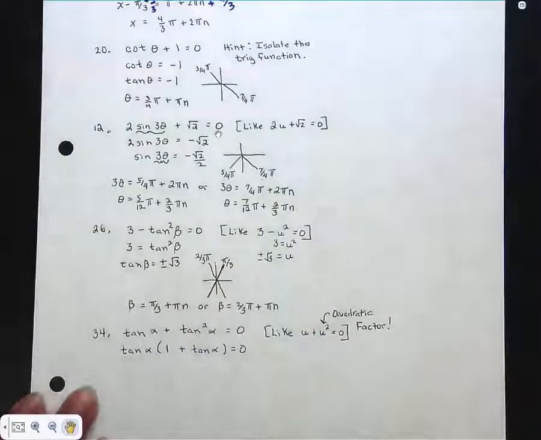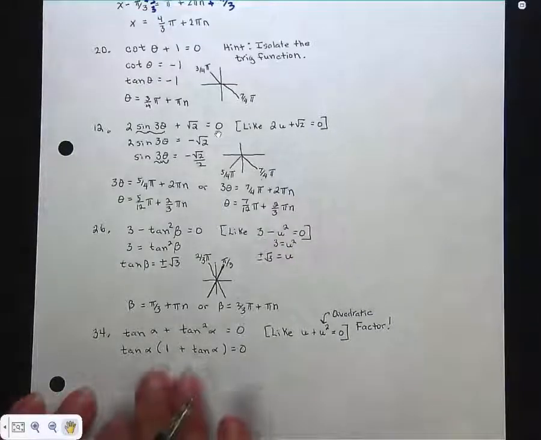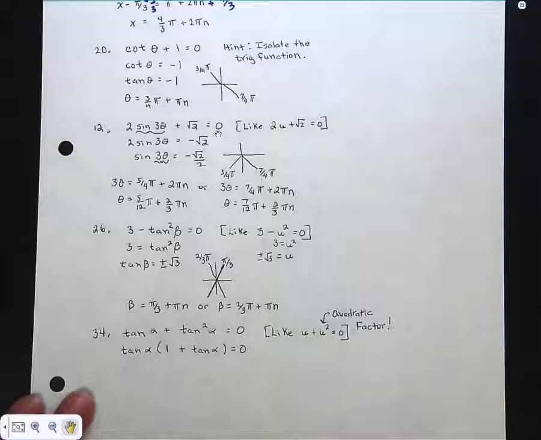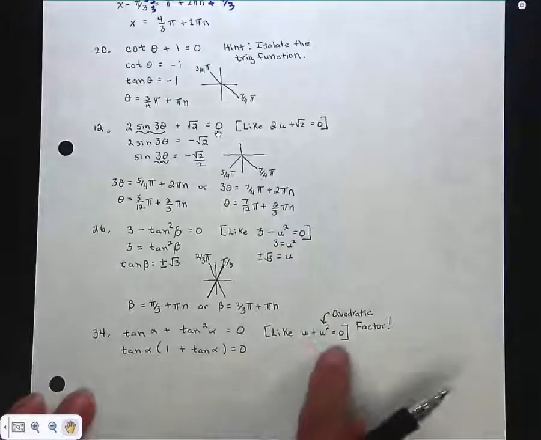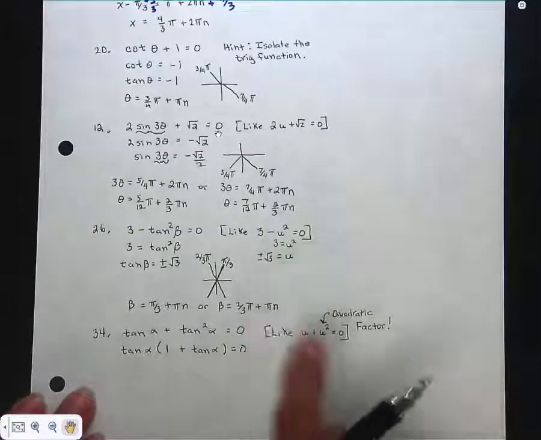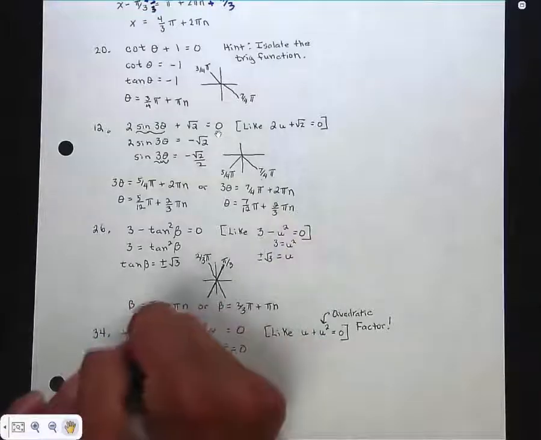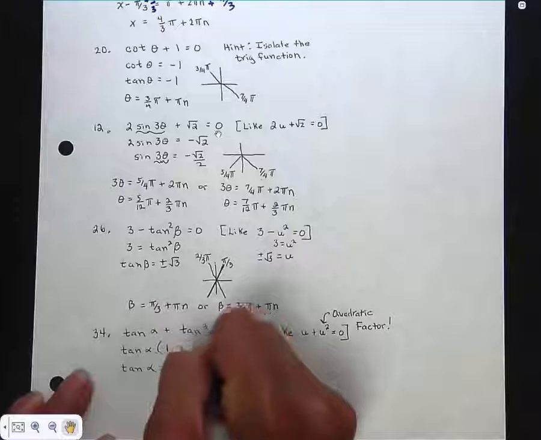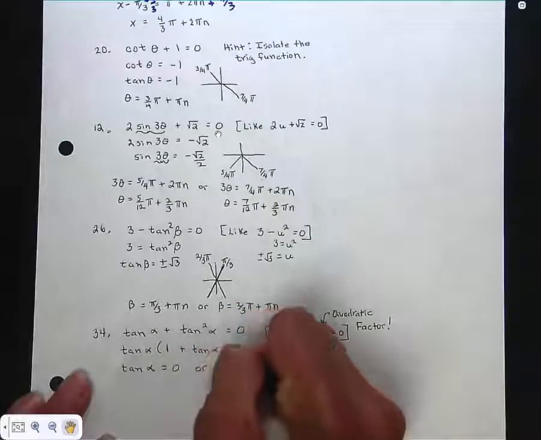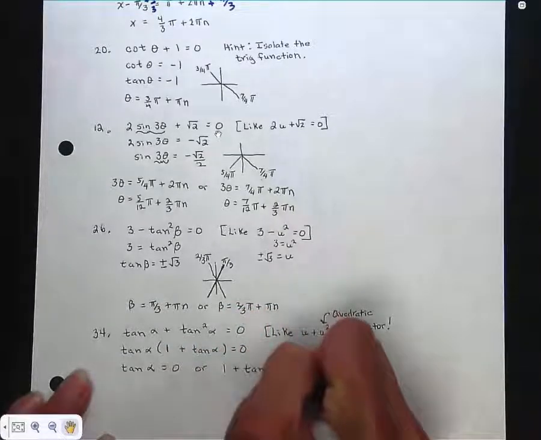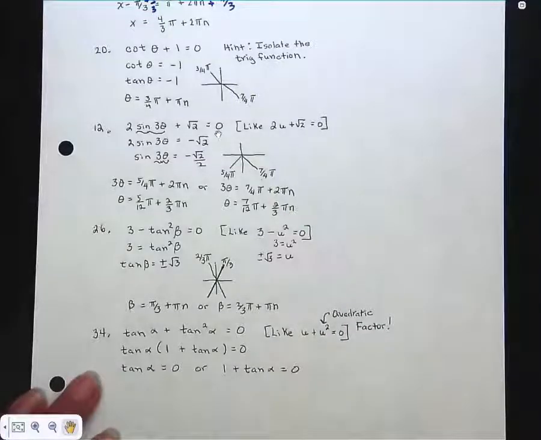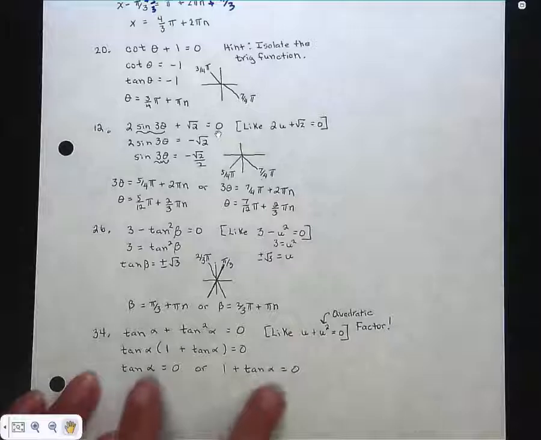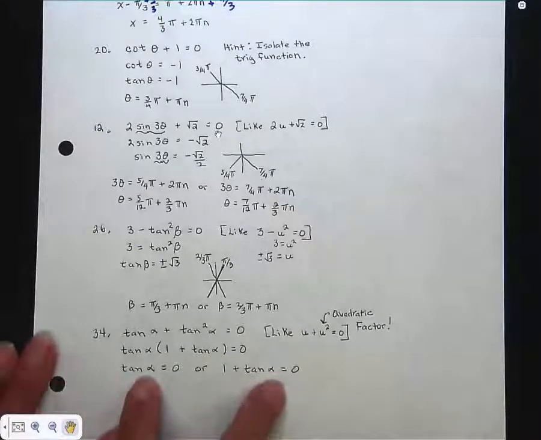That's tangent alpha. Distribute tangent alpha, and you will get back what you started with. To solve a quadratic equation, you can factor it and then set each factor equal to 0. And that gives us 2 linear equations to solve.